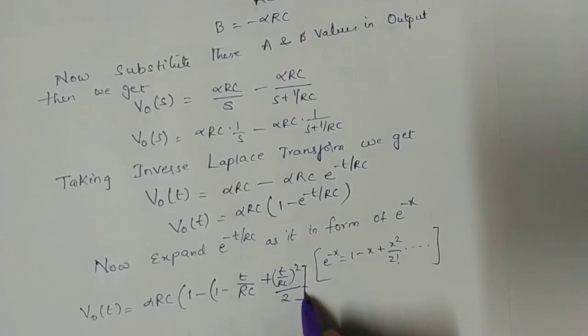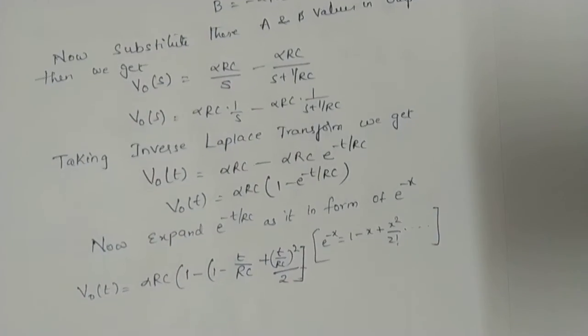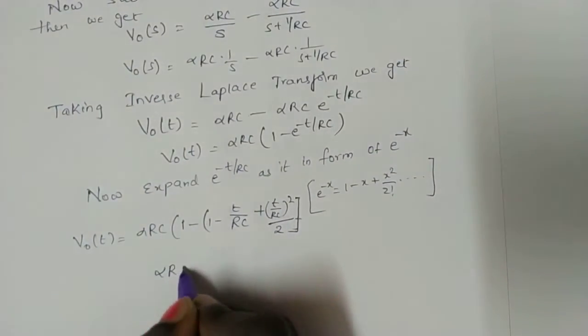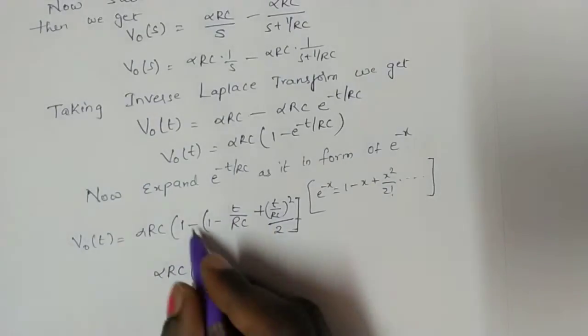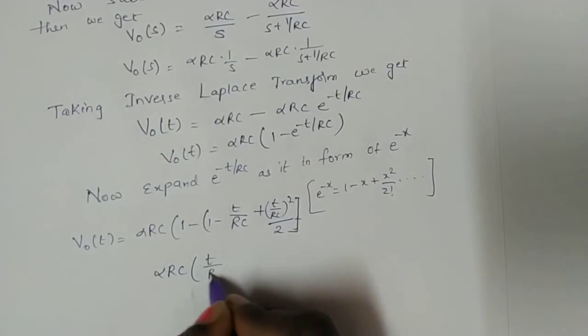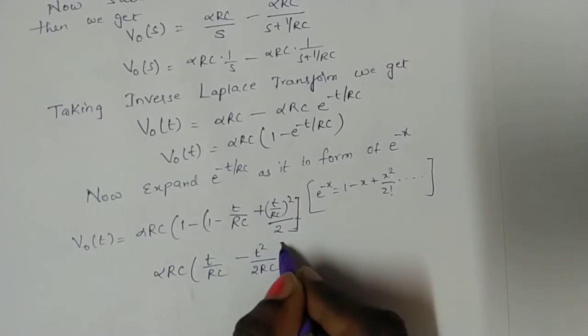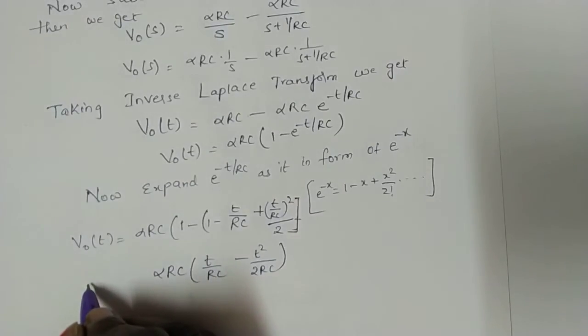I am taking only terms up to second order, and now simplifying this, the minus 1 and minus 1 get cancelled, and we get alpha RC into t by RC minus t square by 2 RC square. This is the output expression V naught of t.